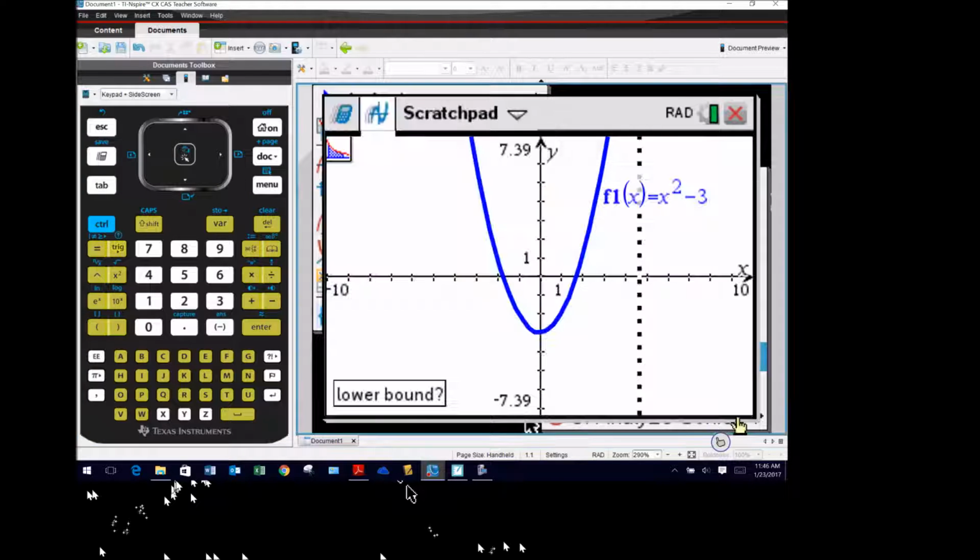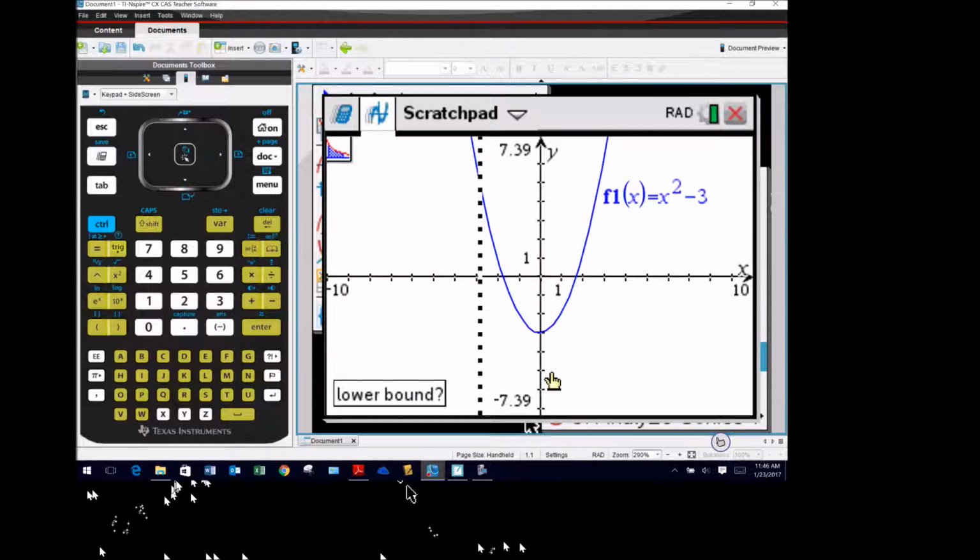When we click on that, we see a question being posed before us, lower bound, and we have the ability to slide this bar back and forth, which is very common when you use analyze graph features on the TI-Nspire. Well, we want to find the area between the curve and the x-axis between 1 and 2, if you recall.